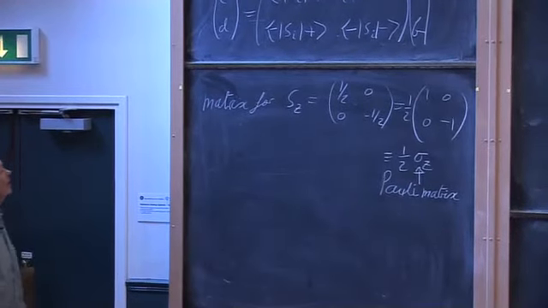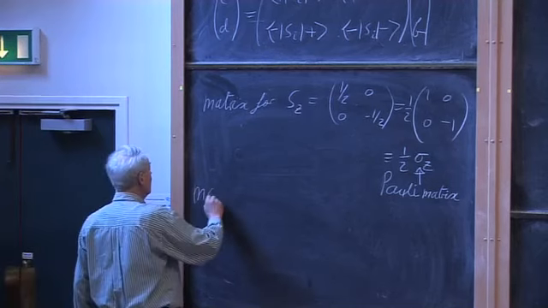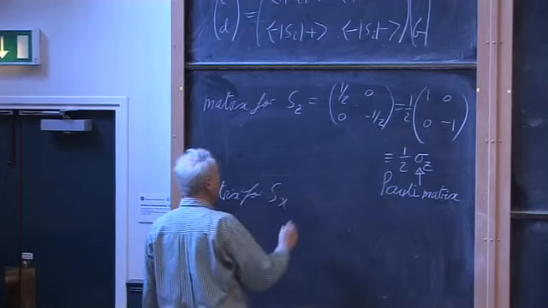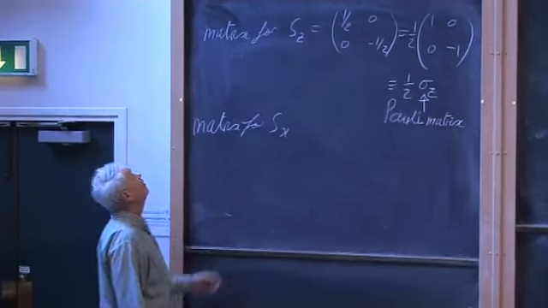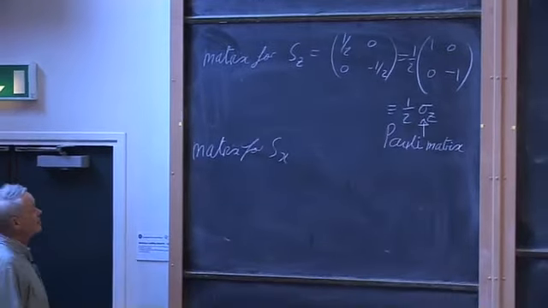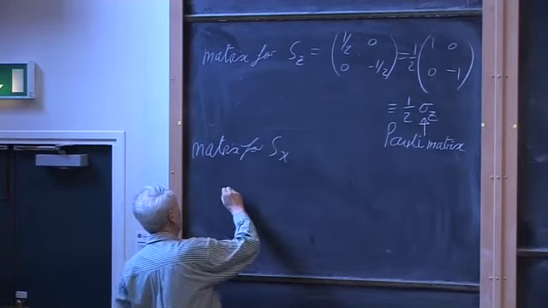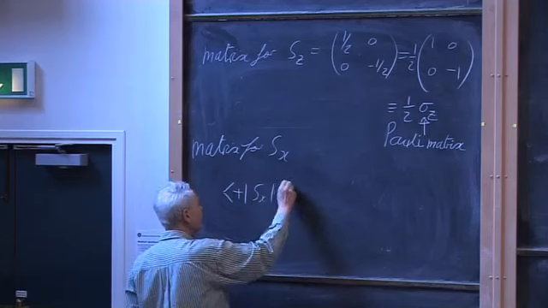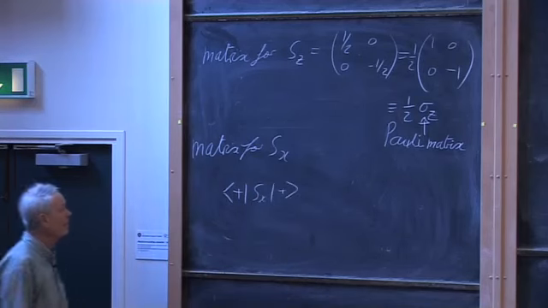Okay, so more interesting is if we ask ourselves, what's the matrix for Sx? So the matrix for Sx is going to involve, for example, plus Sx plus. This is a complex number, and we want to know which complex number.